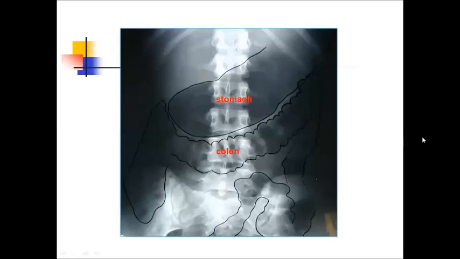It looks like this. We may draw contours of internal abdominal organs, for example, stomach and colon, but only because we know that these organs should be somewhere there, but we can't see them directly.